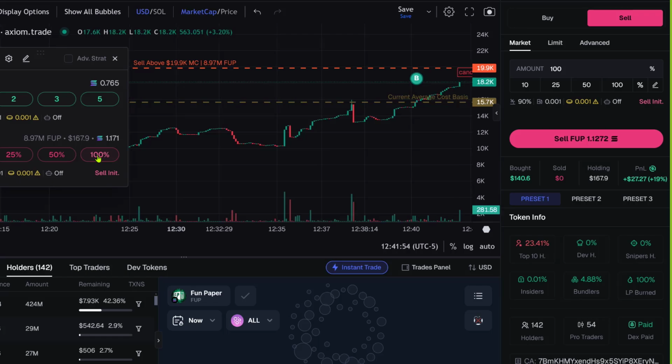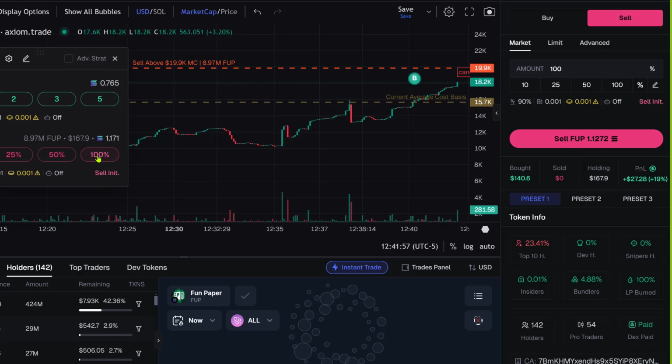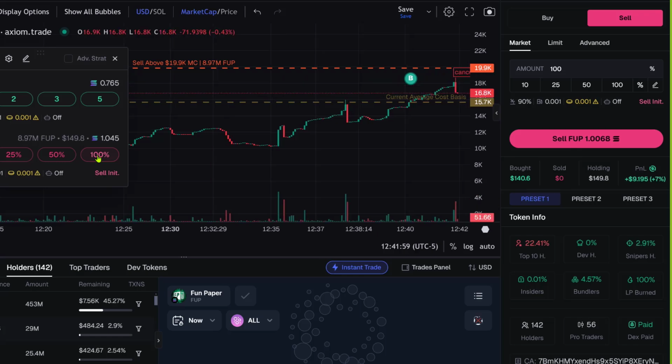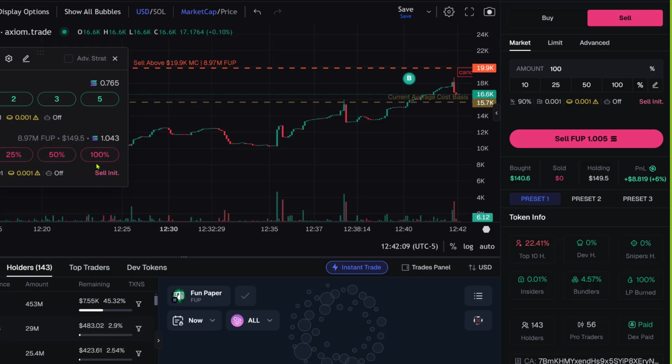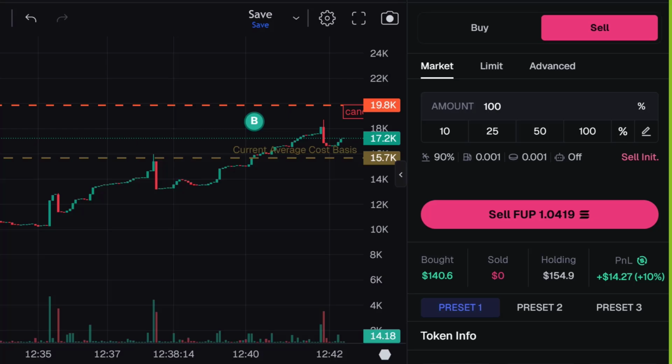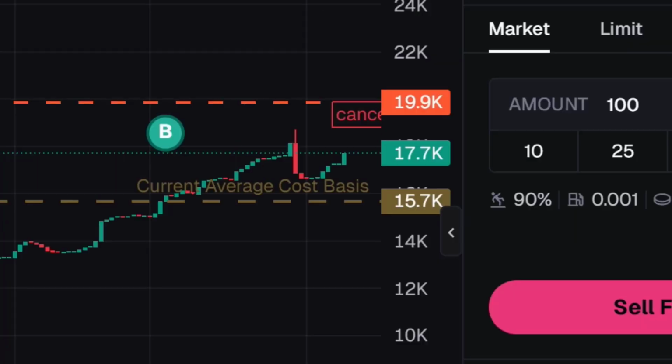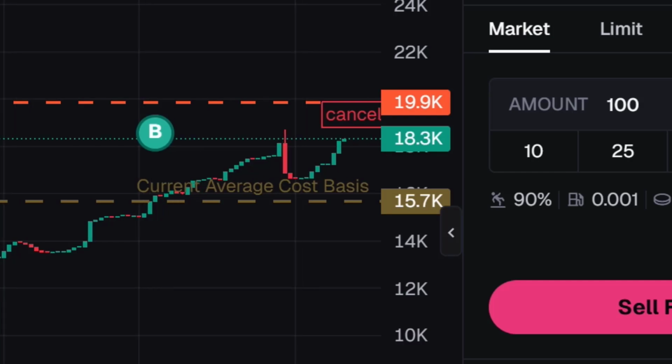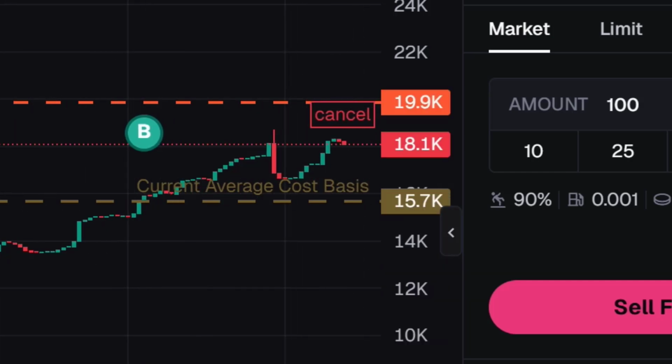141 holders. Yeah, profits were taken. That could scare people off. 143 still. Go. 18.